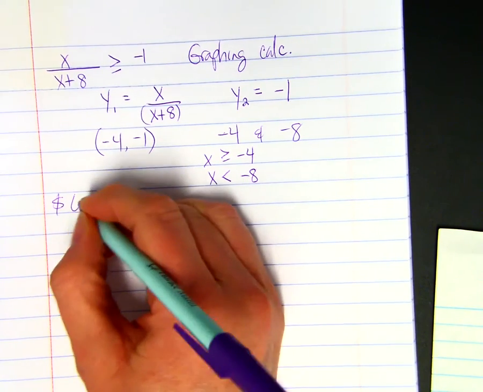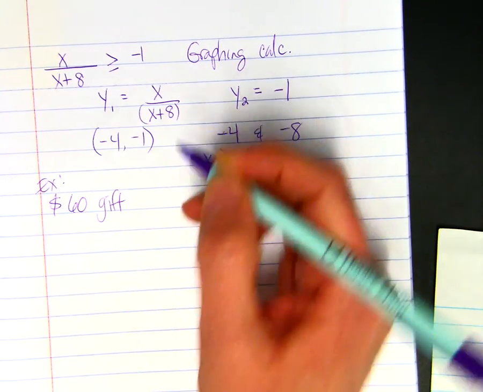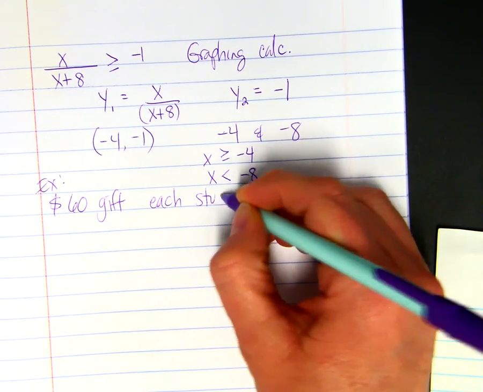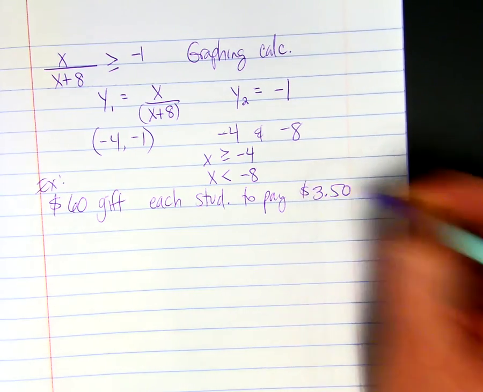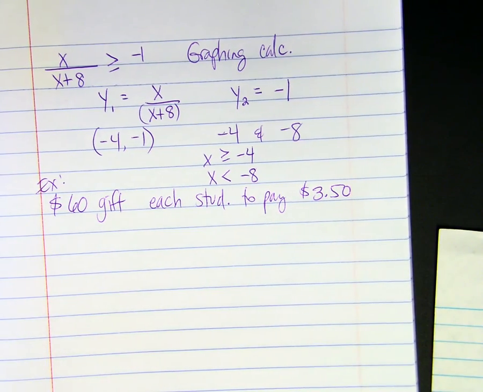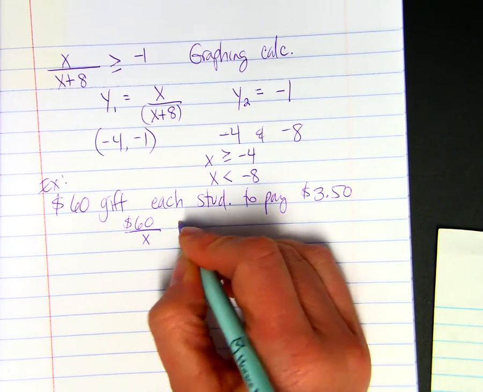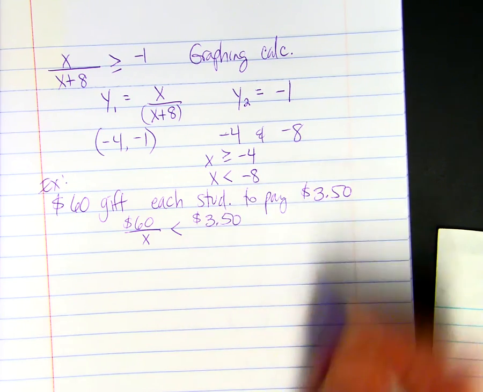So you're buying a $60 gift card and you want each student to pay less than $3.50. So the inequality would be $60 divided by x students needs to be less than $3.50.